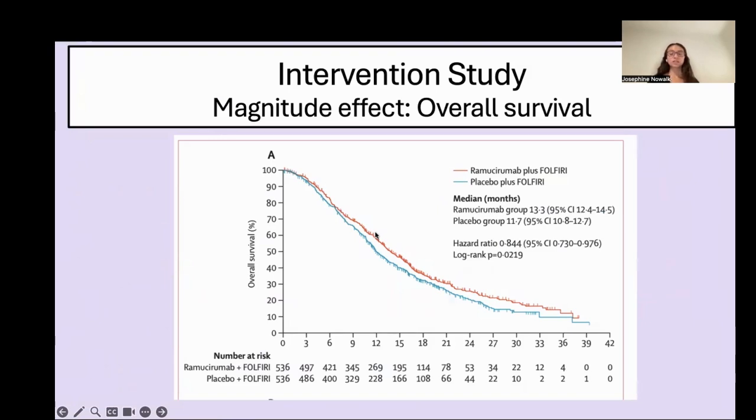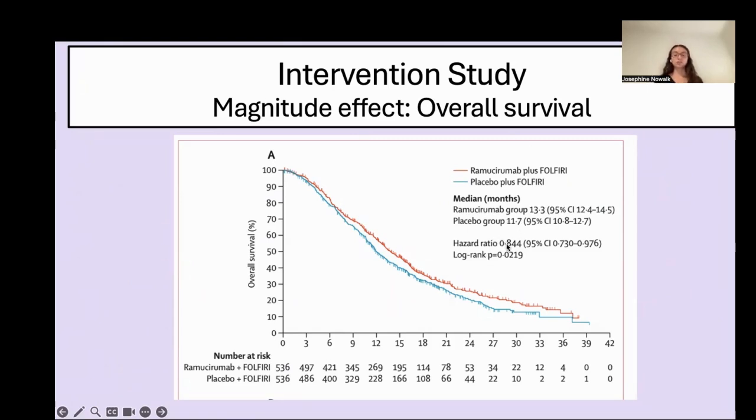So for the magnitude of effect on overall survival, you can see that the red is the ramucirumab with FOLFIRI versus the placebo with FOLFIRI. We can see that participants had an overall survival of 13.3 months versus the placebo that had 11.7 overall survival months.